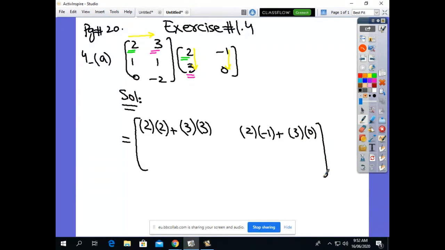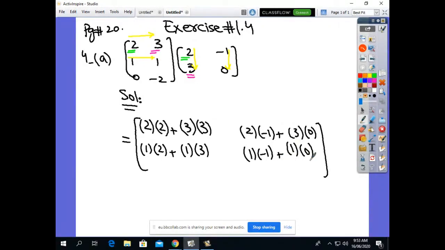Similarly, we multiply the second row with both the columns. This second row we have 1 into 2 plus 1 into 3. Similarly, 1 into negative 1 plus 1 into 0.